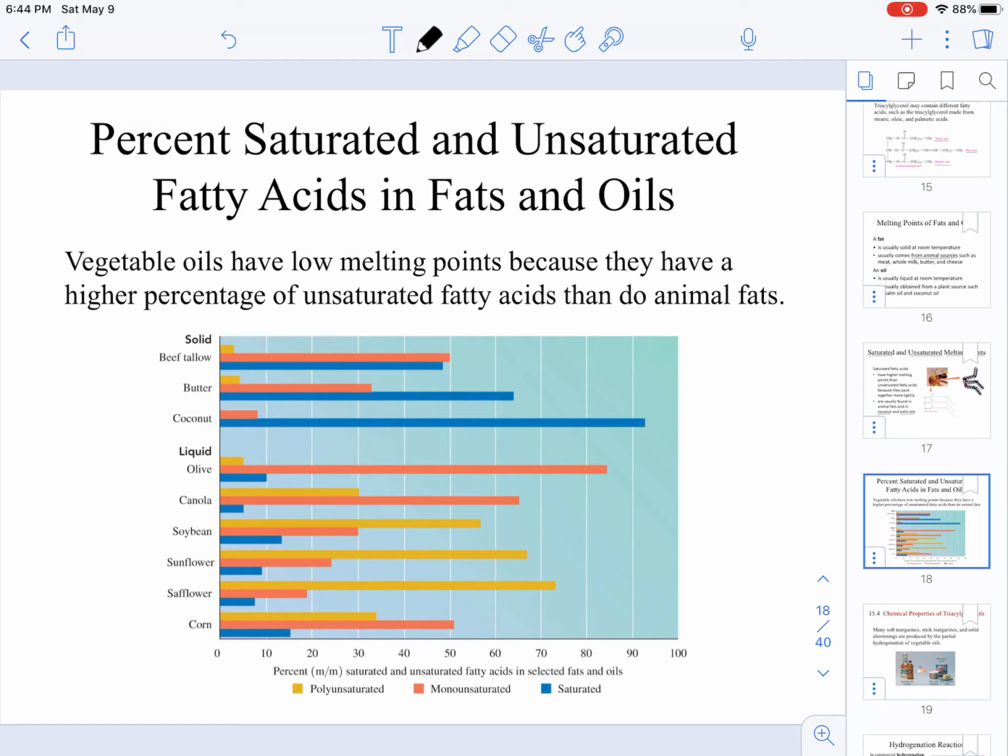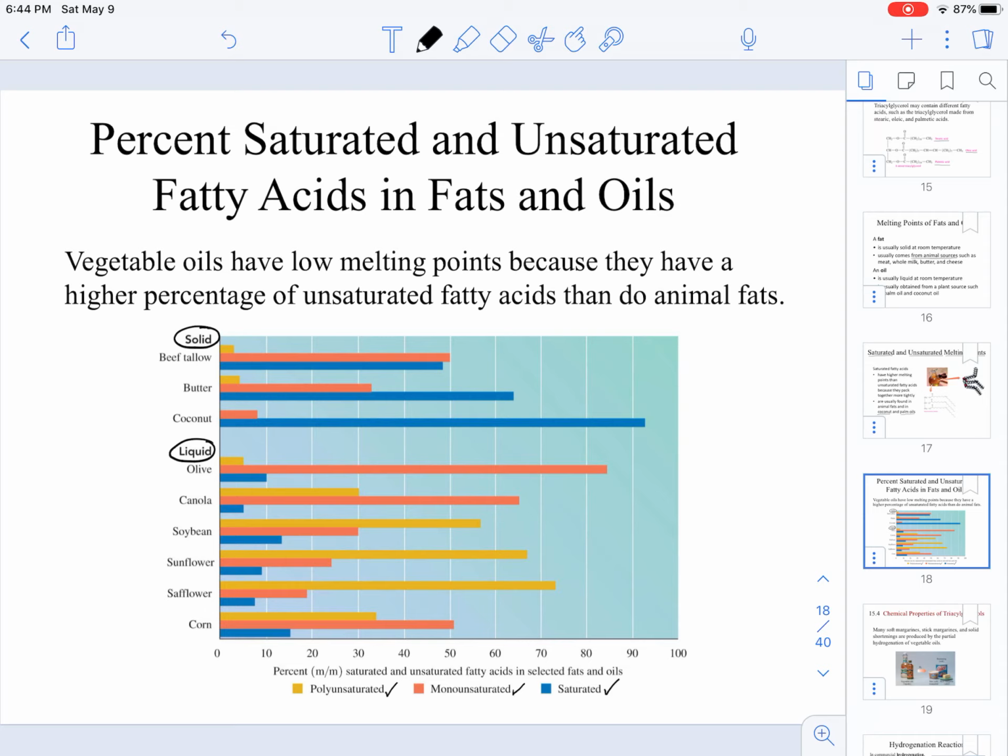So if we look here at the content of saturated fats, monounsaturated fats, and polyunsaturated fats, we can define why there are some fats and oils that are solids and why most oils are liquid, okay?